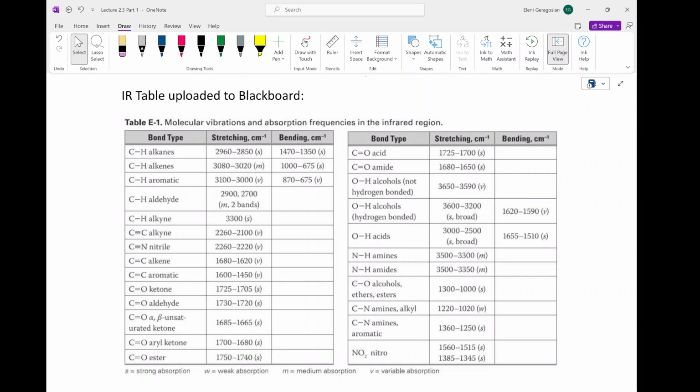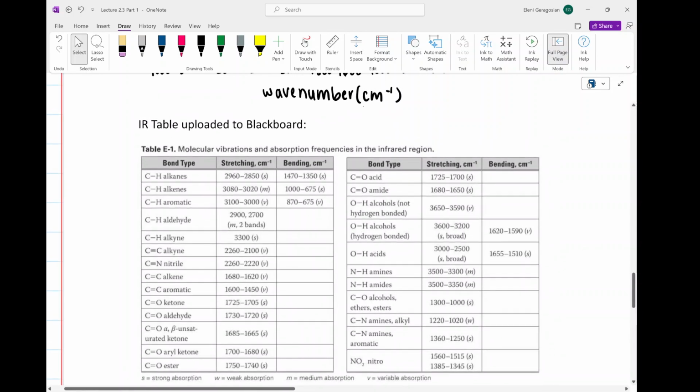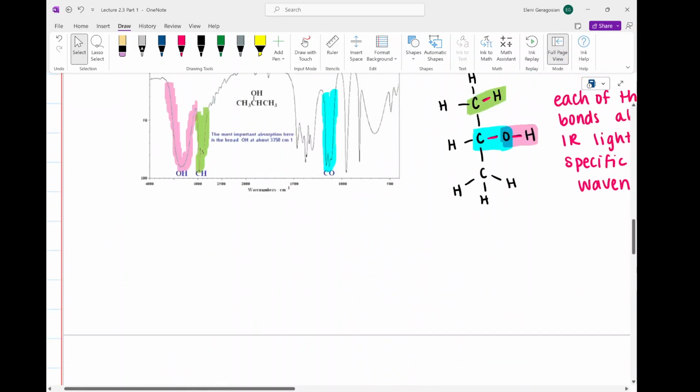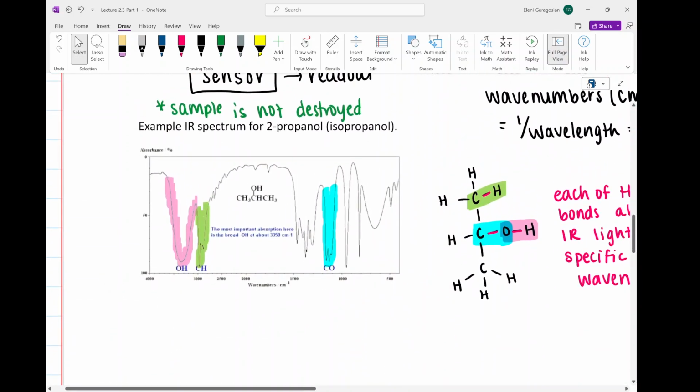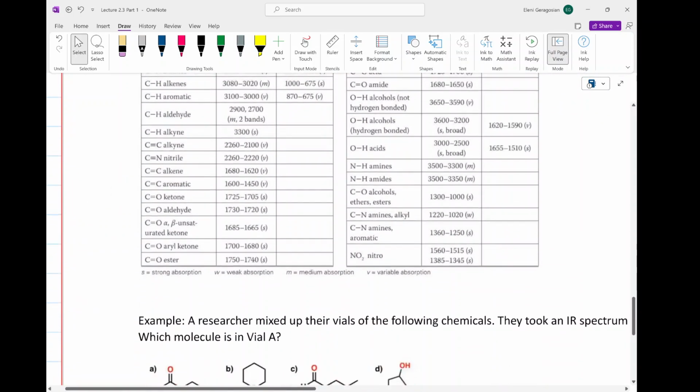Sometimes peaks might not be in exactly the ranges that are listed here, but this can give you a guideline to know what to look for or where to look on an IR spectrum. So we saw for the 2-propanol example, if we just look at that OH peak, that was about 2,500.